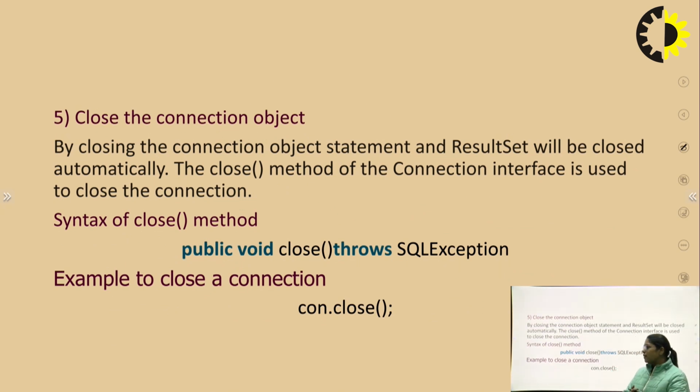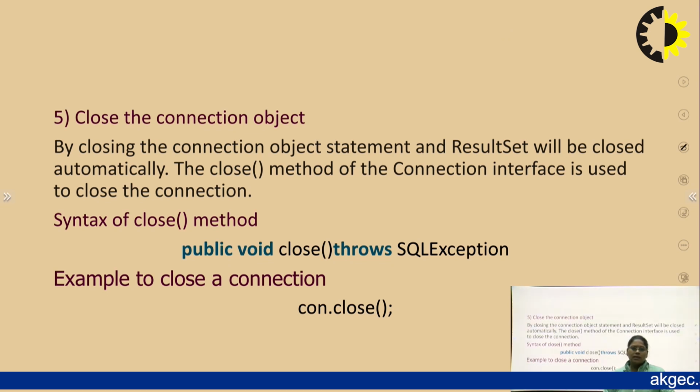Once we have executed this query, finally we have to close the connection, because this is one of the essential steps of database connectivity. If we open the connection, there is a need to close that connection also. This is the last step, how we can close the connection.